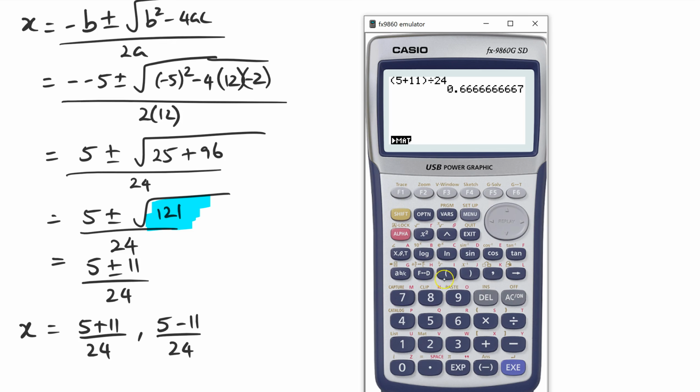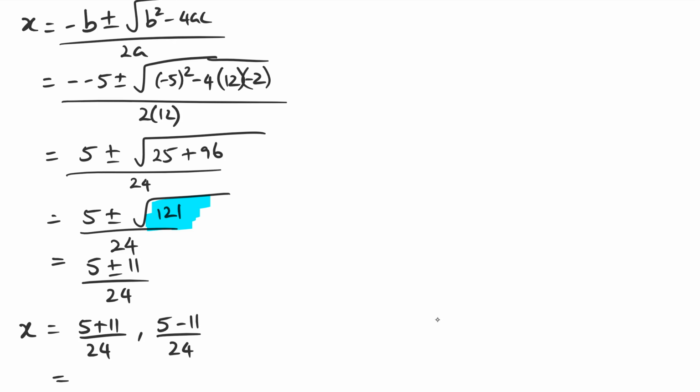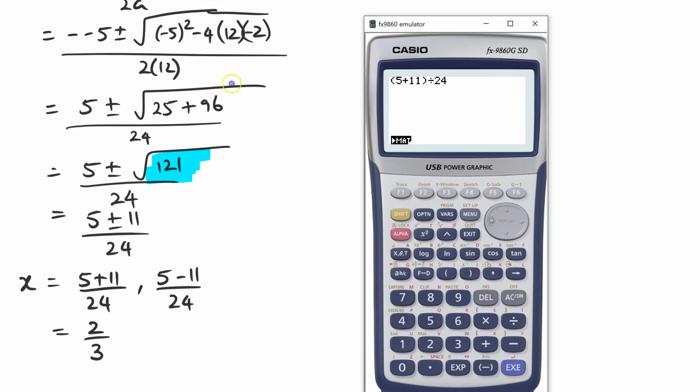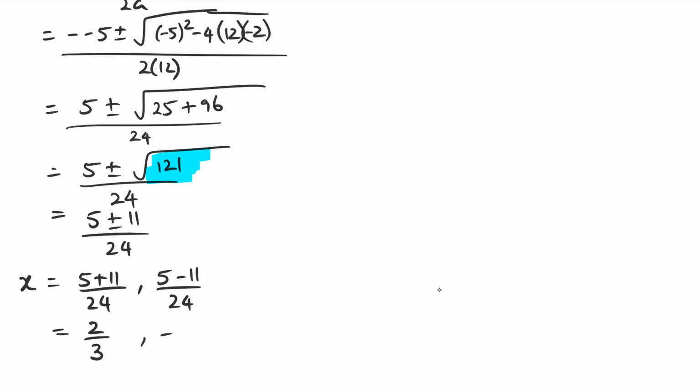And if I want to convert it to a fraction, for your normal calculators, you click on the ABC button and it changes from decimal to fraction. All right. So my first answer is 2/3. And then for my second answer, I'm just going to go back and change the plus to a minus. It's going to be negative 0.25. So if I go to fraction again, it's negative 1/4.